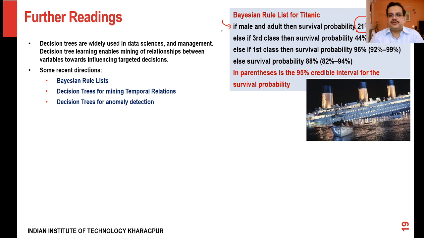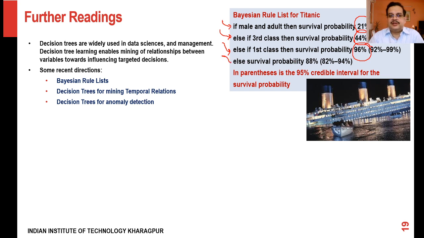Otherwise, if the person is either not a male or not an adult, then if the person is a passenger of third class, then the survival probability is 44%. Else, if the person was traveling first class, then wow, just look at this. You have 96% probability. Now you know from the Titanic movie what this means.